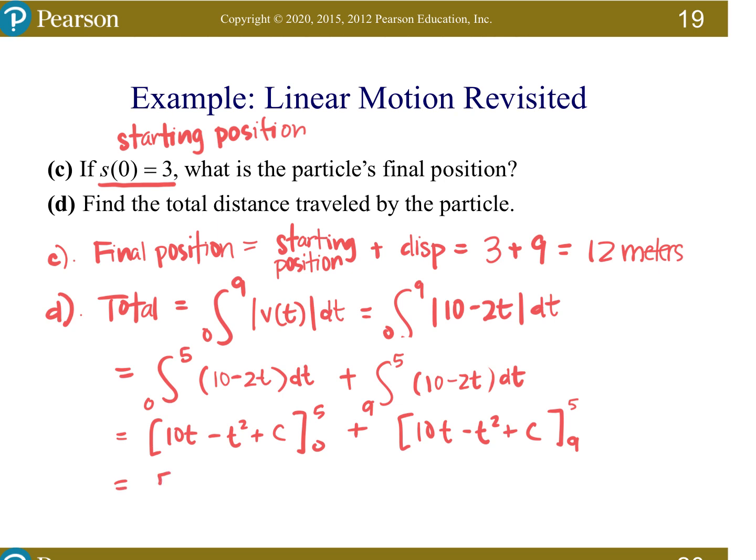So that's going to give me 50 minus 25 plus c minus 0 minus c. And the other one is going to give me 50 minus 25 plus c, and then minus 90 plus 81 minus c.